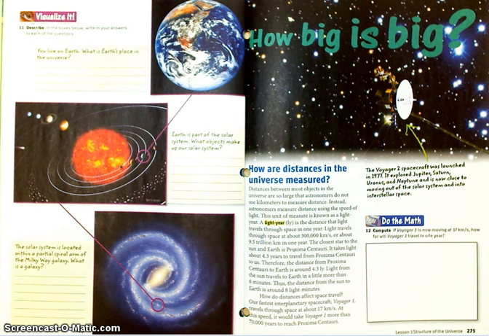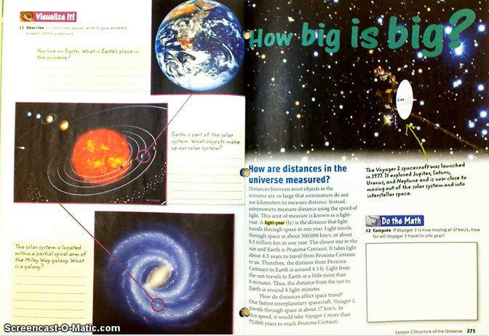So instead, we talk about distances in light years. I could take the 4.3 light years, the distance from us to Proxima Centauri, and convert it to kilometers, but I would come up with something crazy big. It's easier to think of it as 4.3 light years.